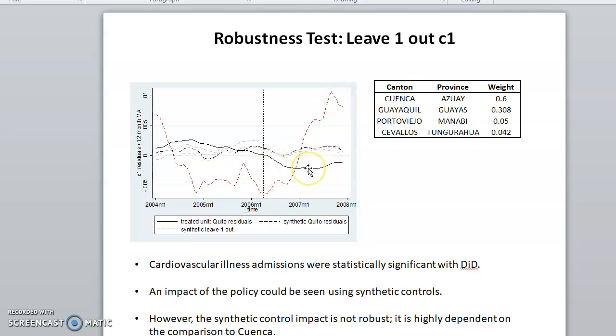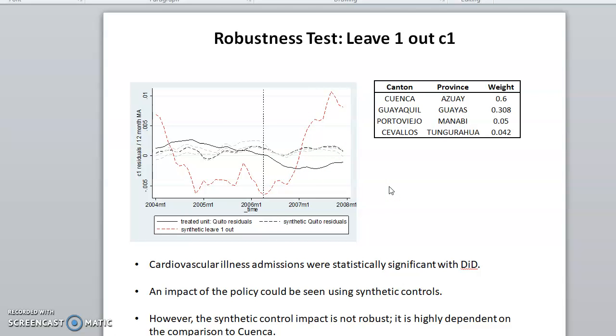What that means is that my results for cardiovascular illnesses that I found from the regression that are statistically significant really hinge upon using Cuenca as a comparison group. And when I take it out, I cannot say anything about the synthetic control effect, because without Cuenca, it's just not robust.